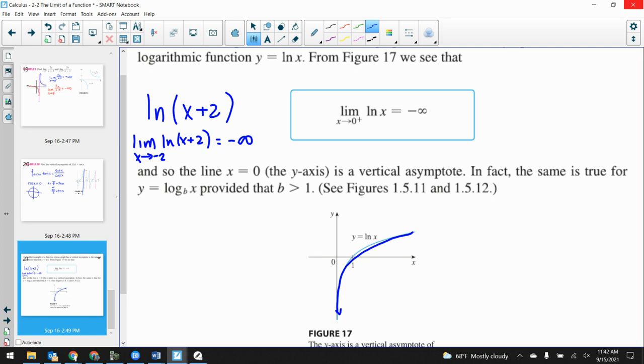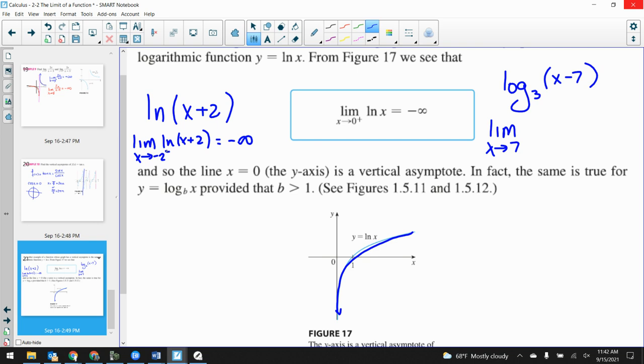For example, if I had made that log base 3 of x minus 7. Log base 3 of x minus 7. What's the shift on that? Left or right? Right 7. So that means that the limit as x goes to 7, positive 7, I guess I should have specified.